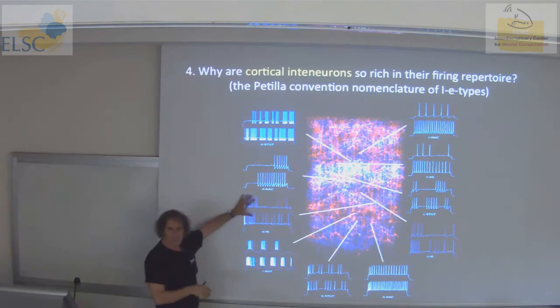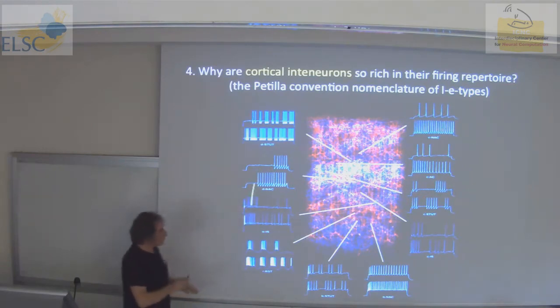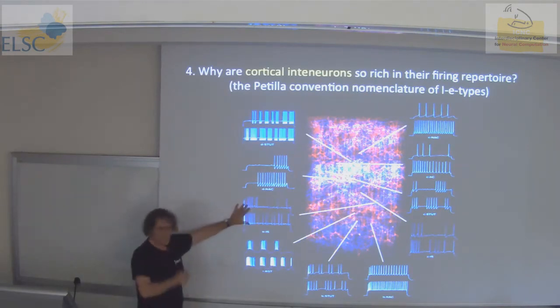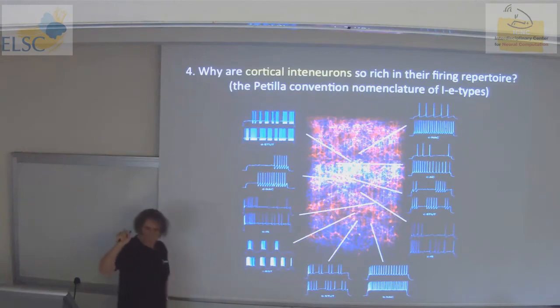It's about 250, but again, I don't want to go into it. I just want to highlight a question. I'm saying that the inhibitory cells are rich in their firing repertoire. Objectively, they are rich, meaning that the channels that they express give richness of firing more than the excitatory cells.